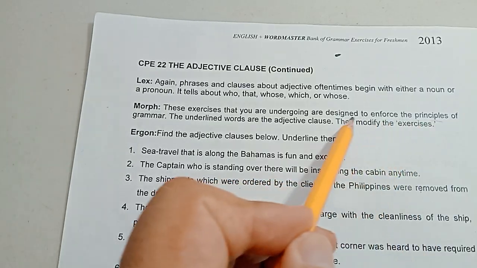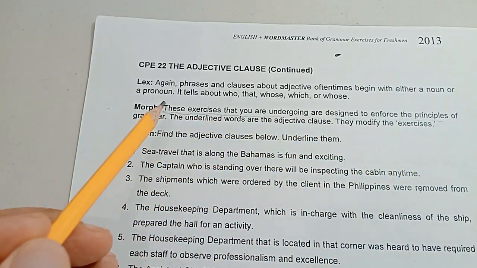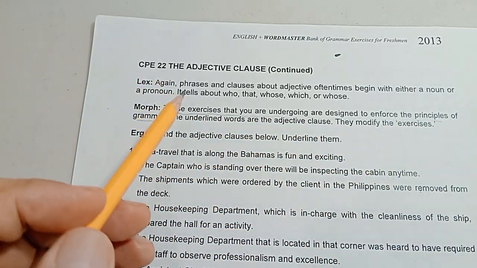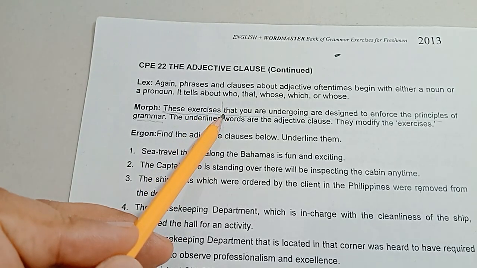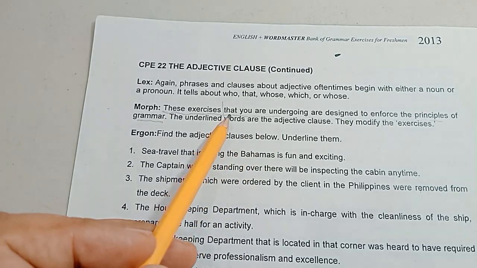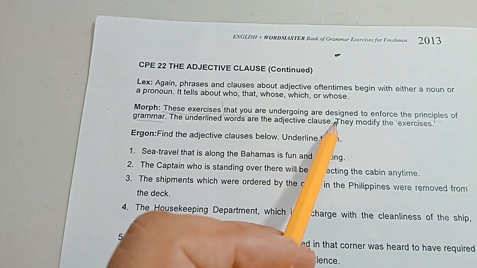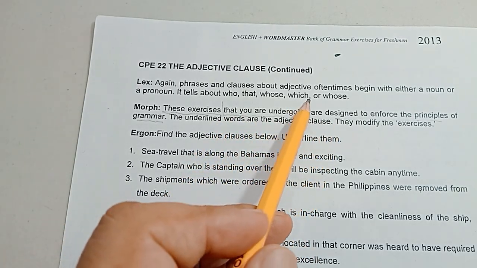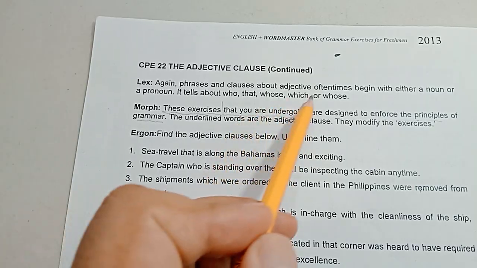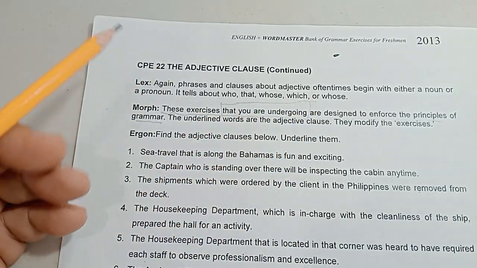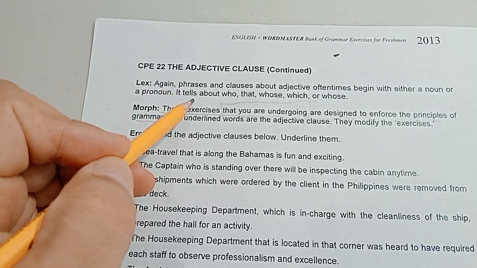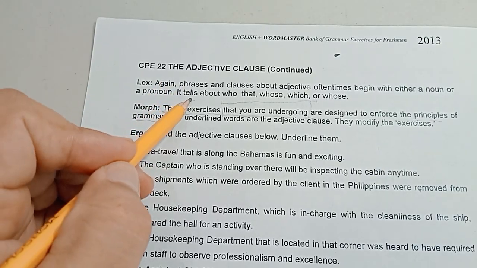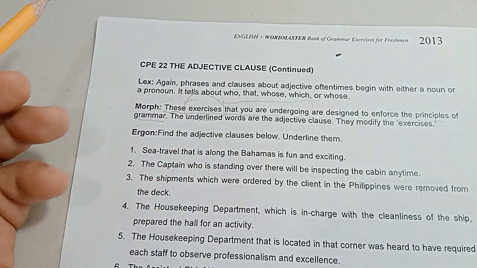Say this one. Okay, so this one, that you are undergoing or designed. Okay, this one is an adjective clause because it modifies the word exercises, right?